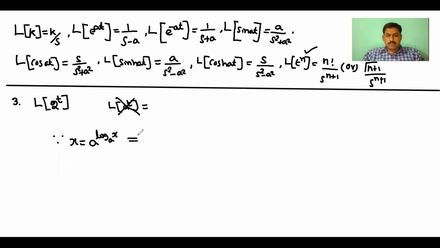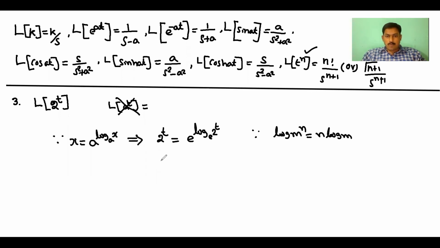So using this, I am going to write 2 power t as e power log 2 power t to the base e. Since we know that log m power n can be written as n into log m.